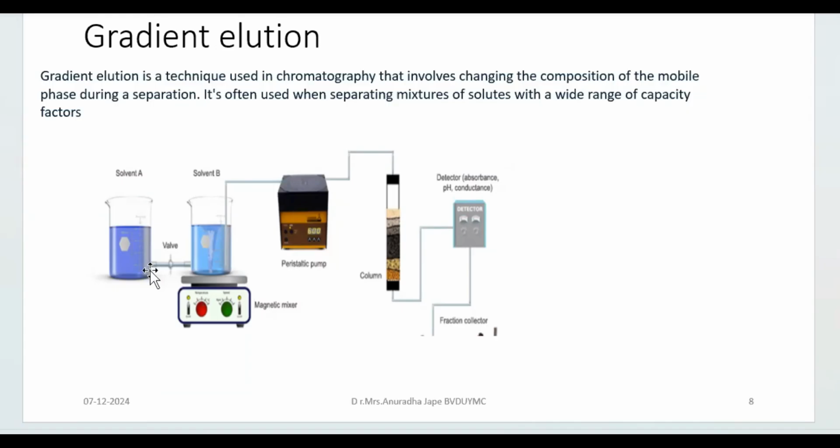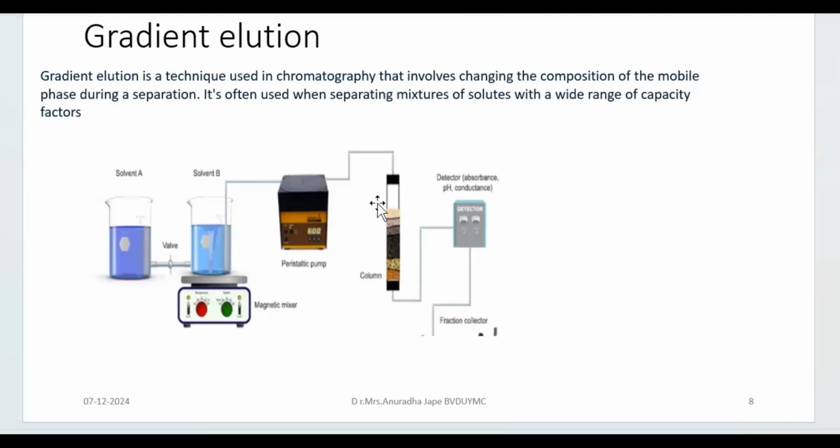So at a particular rate from this solvent, and at a particular rate from this solvent, solvent A and solvent B, particular volumes will be mixed, and that will be regulated by this pressure pump, which is going to allow that mixed solvent system to enter the column at a particular rate.